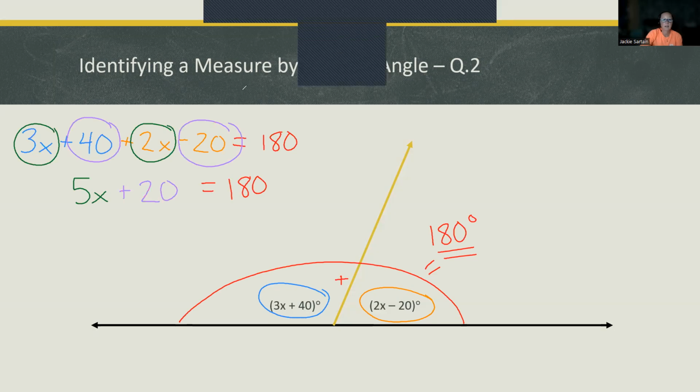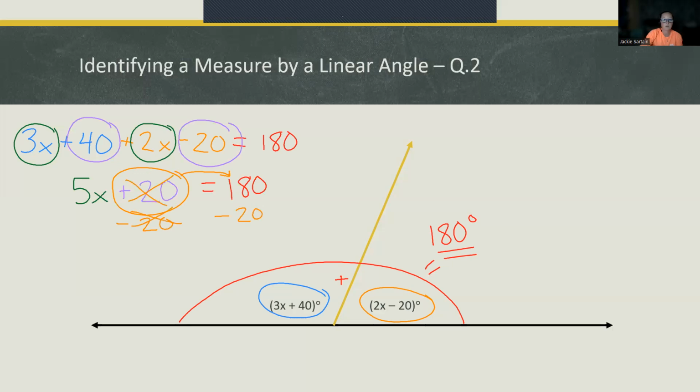Now we can't combine 5x and 20, so we move this 20 to the other side by doing the opposite, which is subtraction. Those cancel out, leaving me with 5x equals 180 minus 20, which is 160. Then we divide.